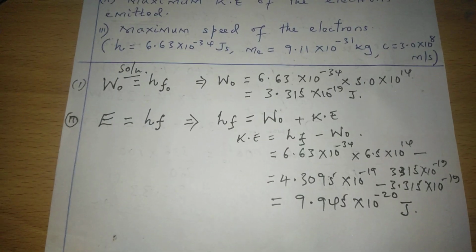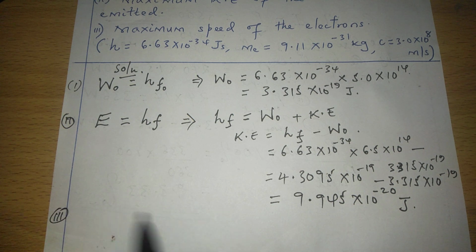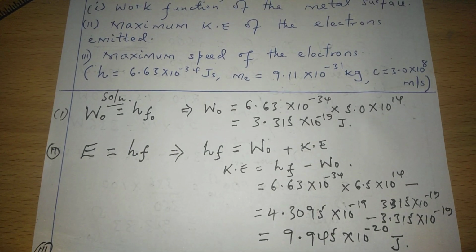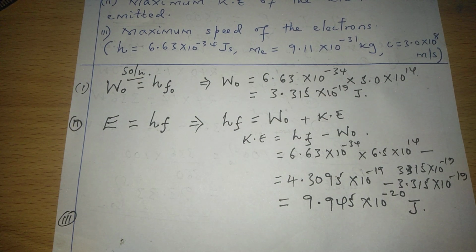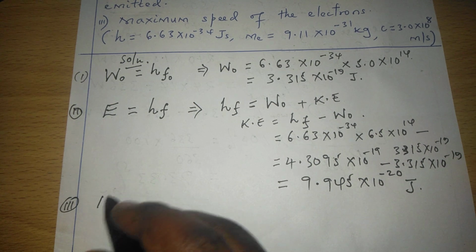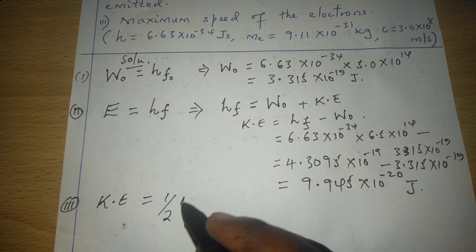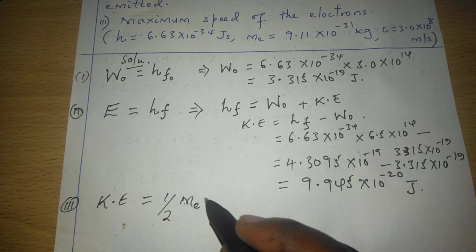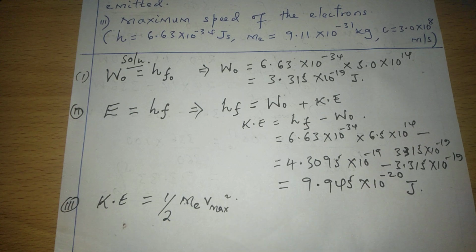Then after getting these joules of energy, we can look at part 3 of the question, which is asking us to calculate the maximum speed of the electrons. Remember, we have the mass of an electron. Kinetic energy is calculated by half times the mass of an electron times the maximum velocity squared.